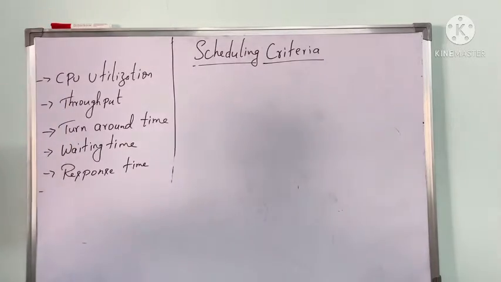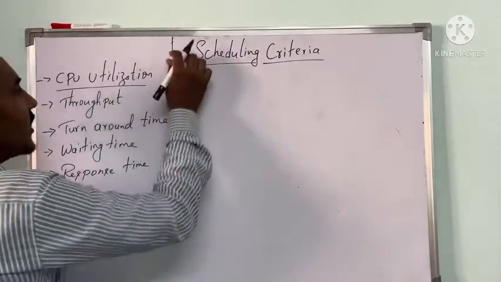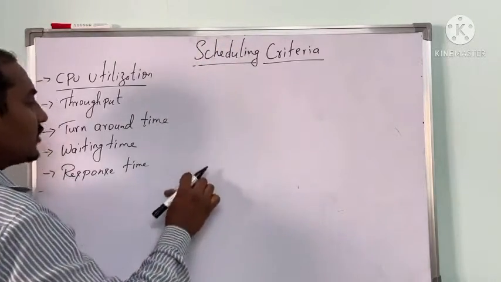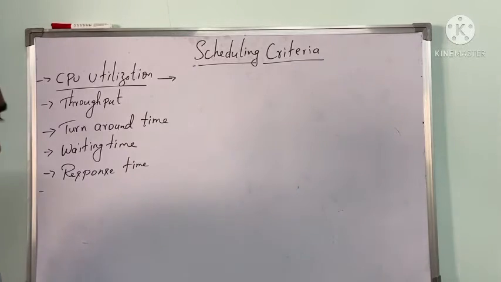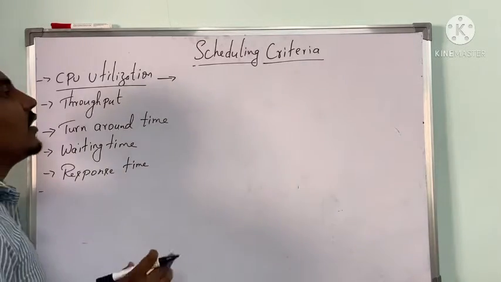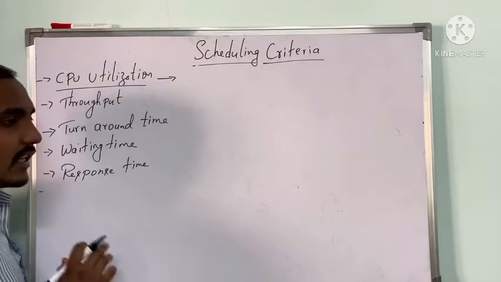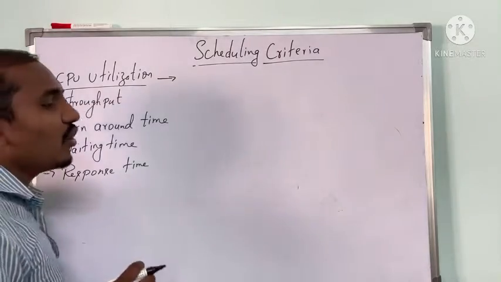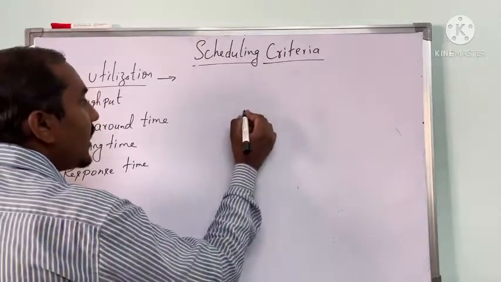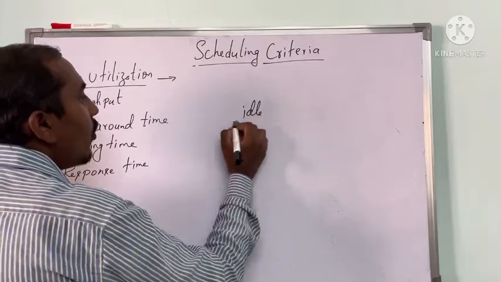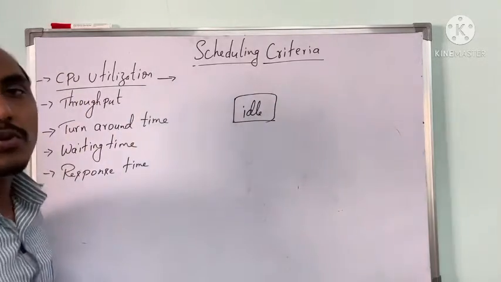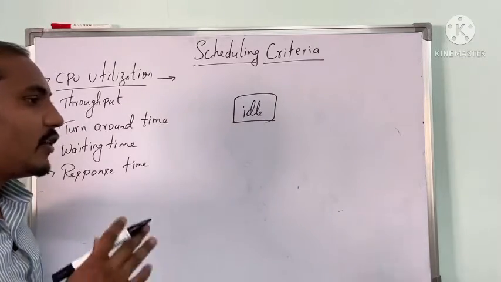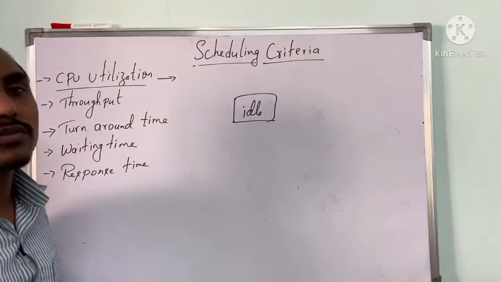Next, coming to CPU scheduling criteria, first we are going to discuss CPU utilization. CPU utilization means that in any situation the CPU should not be idle. Our main aim is to avoid the idle state of the CPU. The idle state can be avoided only when you give one process after the other for execution.